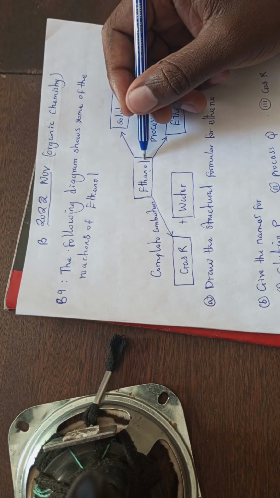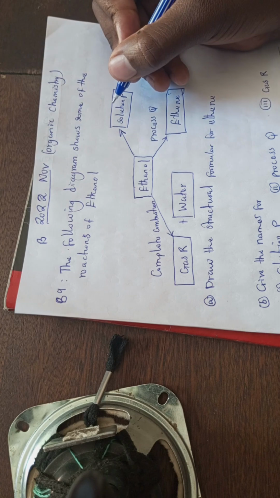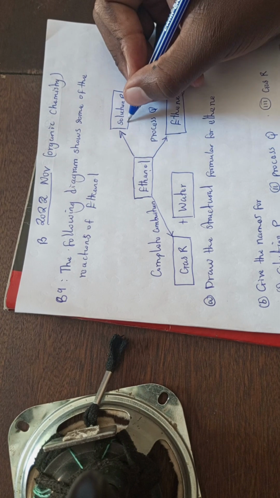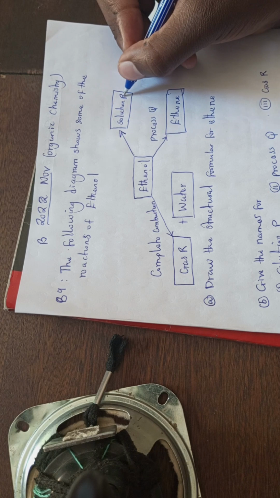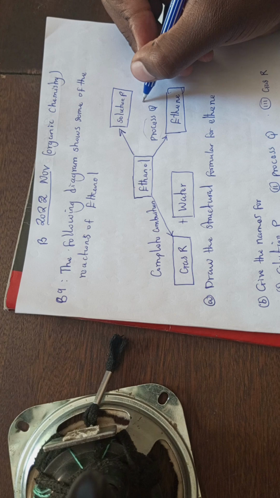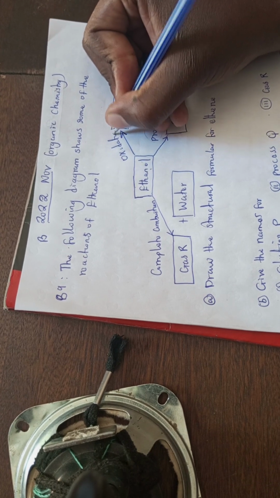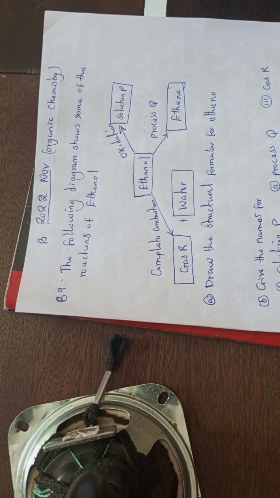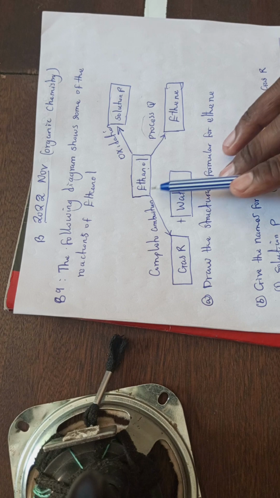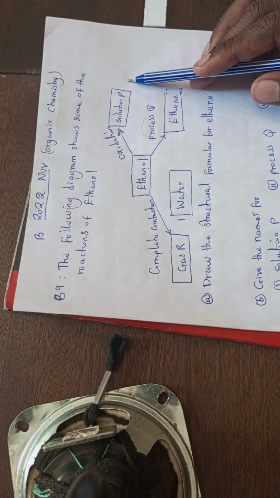As you can see here, ethanol has undergone a particular process to form solution P. This process should be oxidation. Yeah, it is oxidation. It was indicated oxidation, I just forgot. So ethanol undergoes oxidation to form solution P.